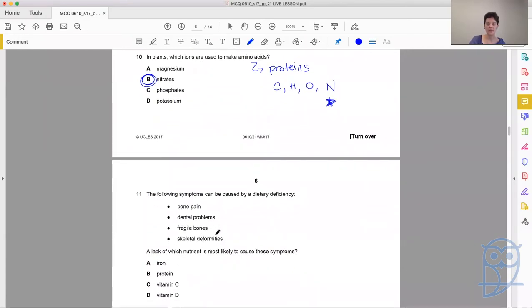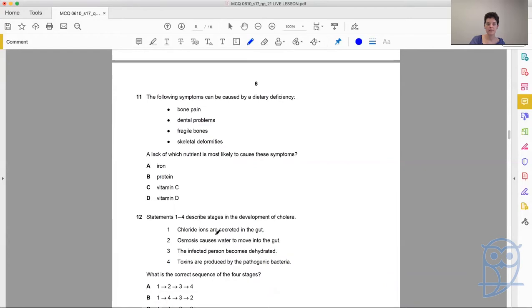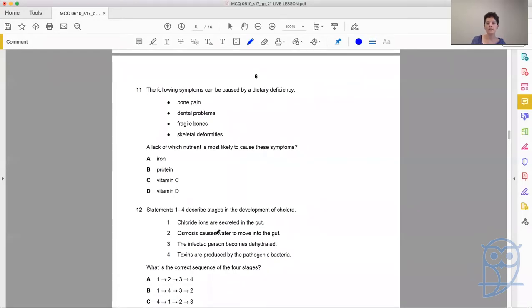Question 11. The following symptoms can be caused by a dietary deficiency: bone pain, dental problems, fragile bones, and skeletal deformities. A lack of which nutrient is most likely to cause these symptoms?